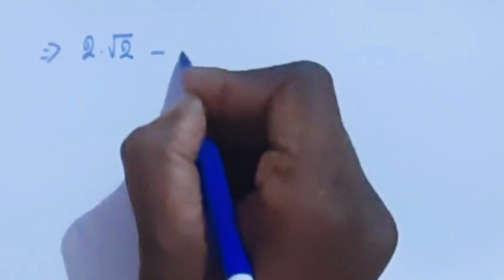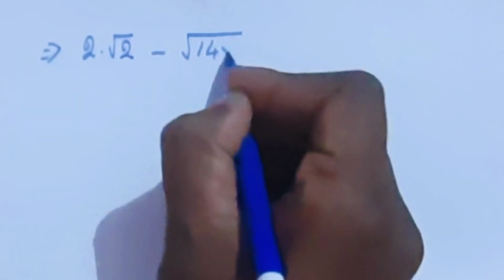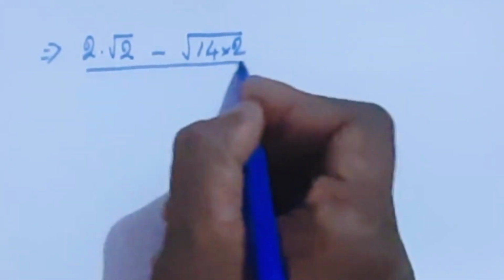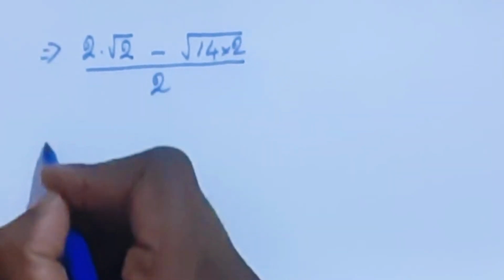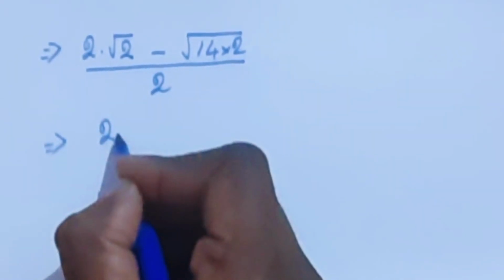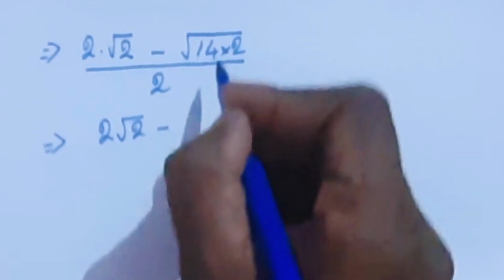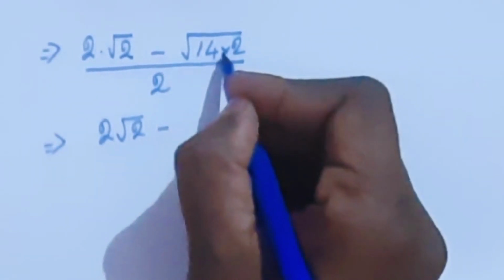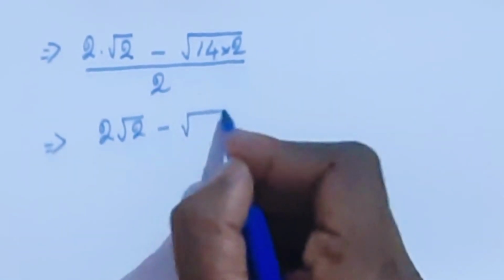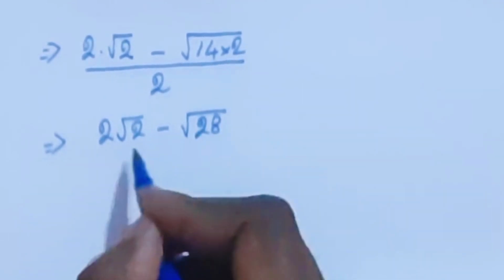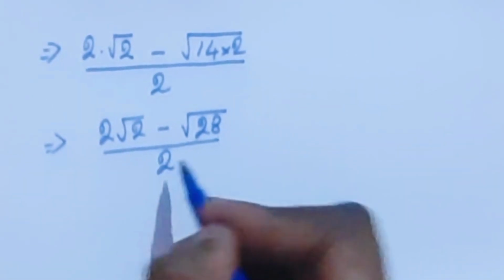Now 2 square root of 2 minus, multiplying this, 14 times 2 is square root of 28, divided by 2.